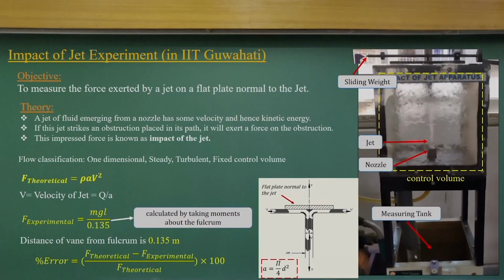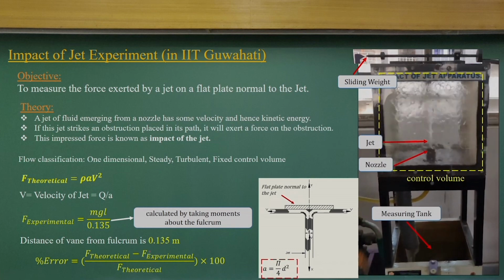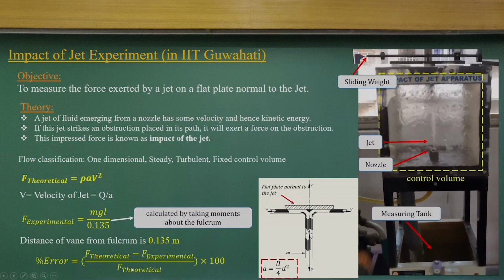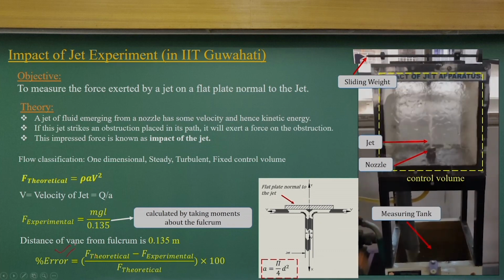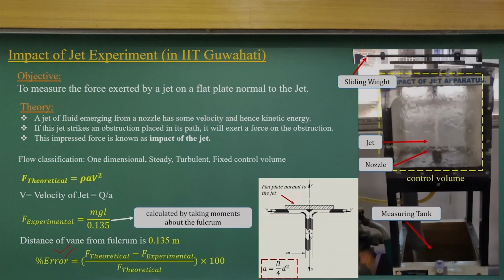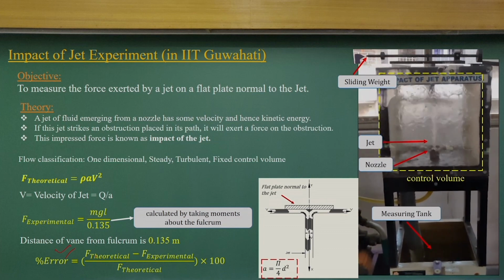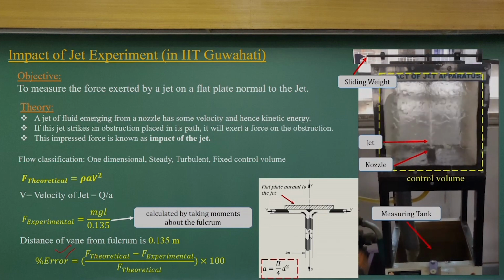That is how we compute the error: the deviation between the theoretical and experimental values divided by the theoretical value gives us the error. This type of simple apparatus will be there in any engineering college. So, you can see how the force acts because of the jet impacting on the plate.